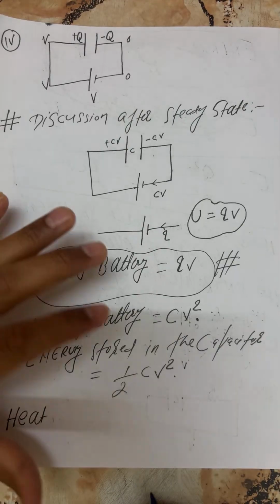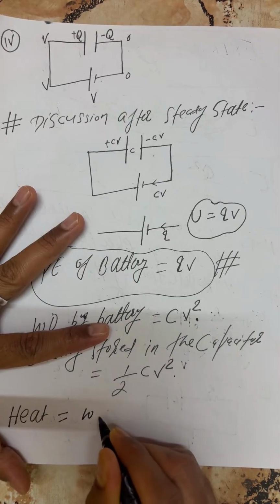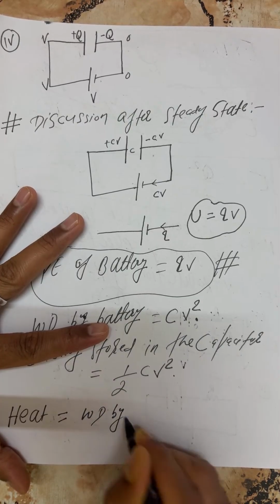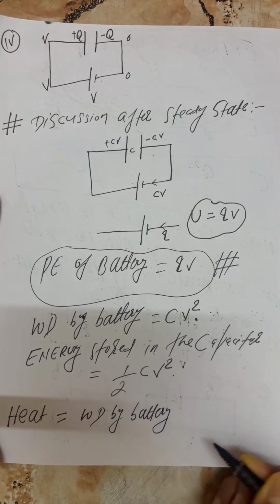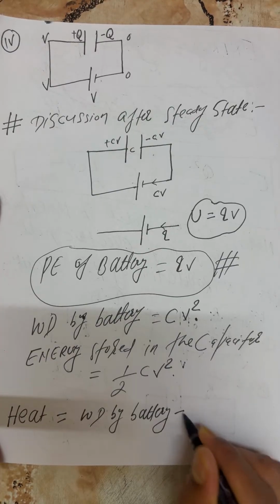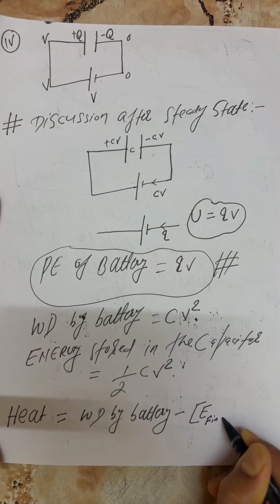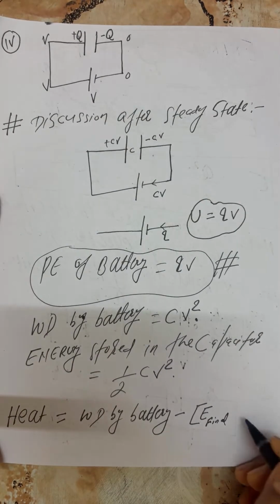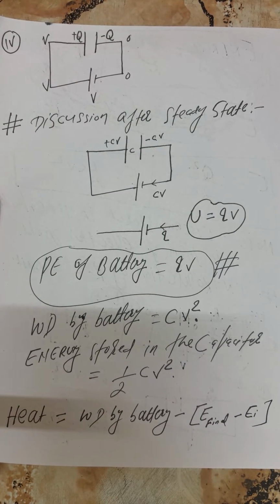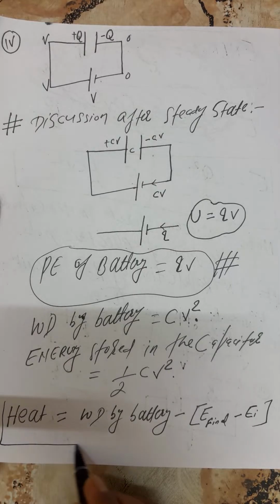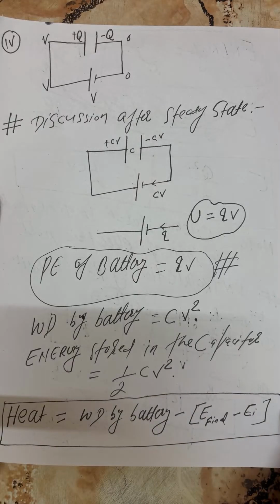Heat is equal to the work done by the battery minus the final energy of the capacitor minus the initial energy of the capacitor. This is a very, very useful formula, superbly important.